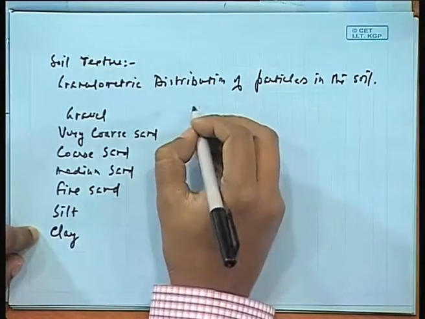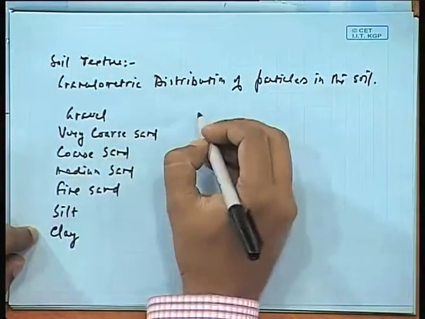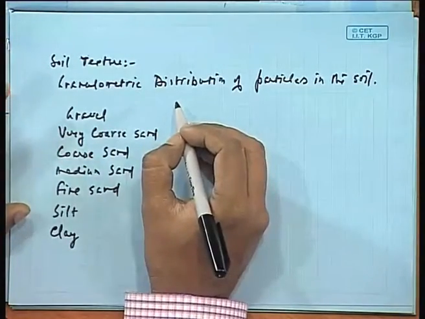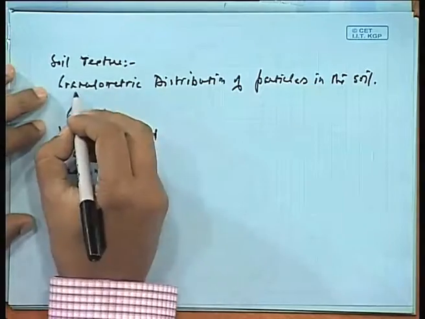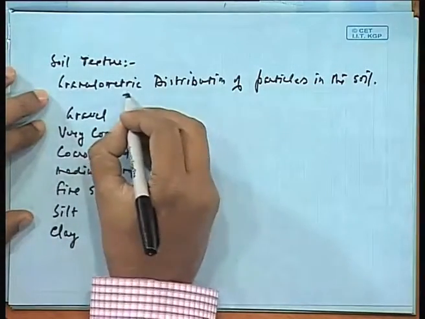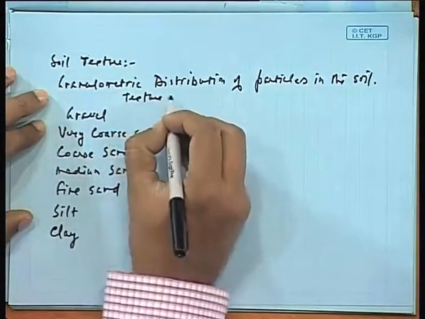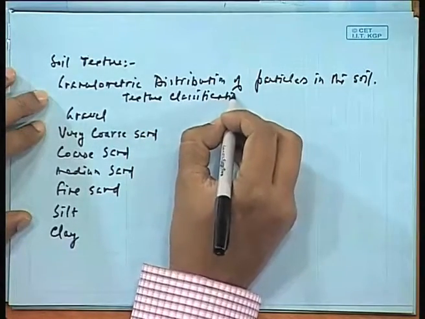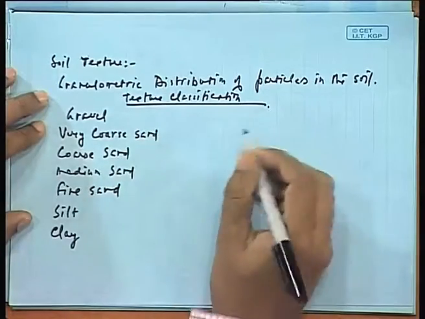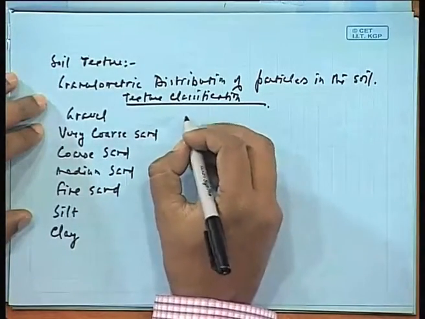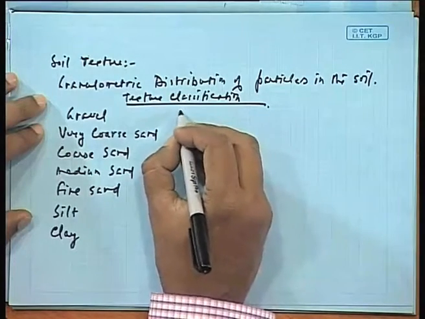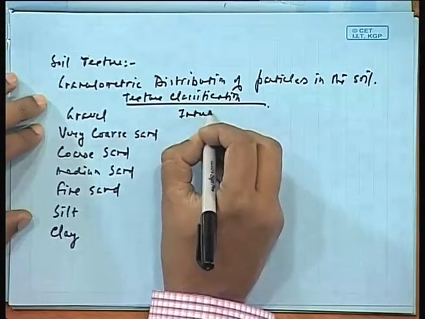Okay. So there are two systems by which it can be classified. This is the texture classification. This is basically the British system, or internationally accepted system.